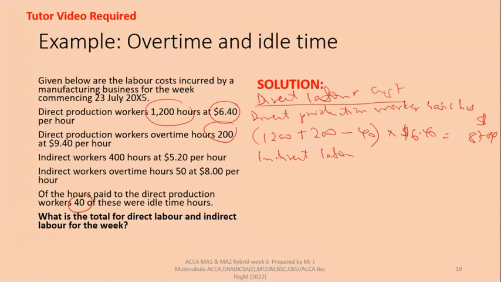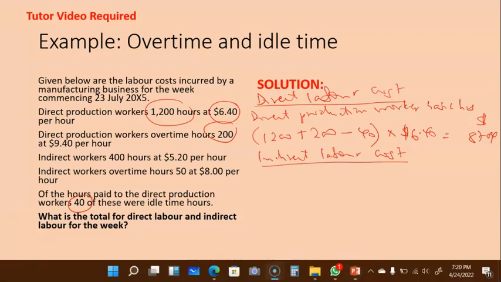Then let's move on to the indirect labor cost. I'm sure you have noticed that we accounted for the basic element of the overtime in the direct labor cost, the direct production workers' basic hours.